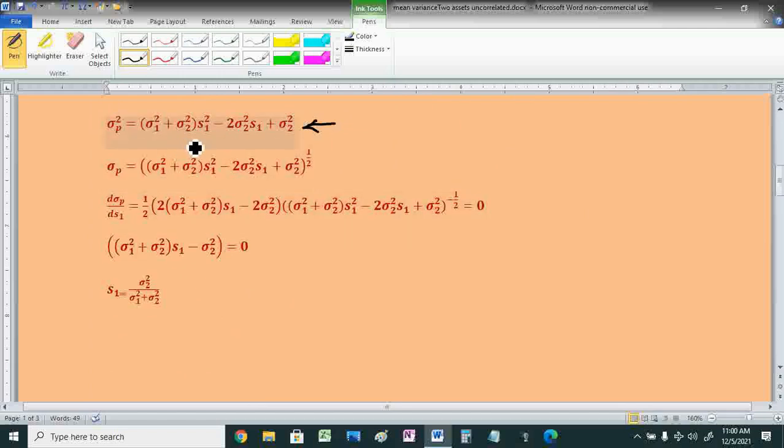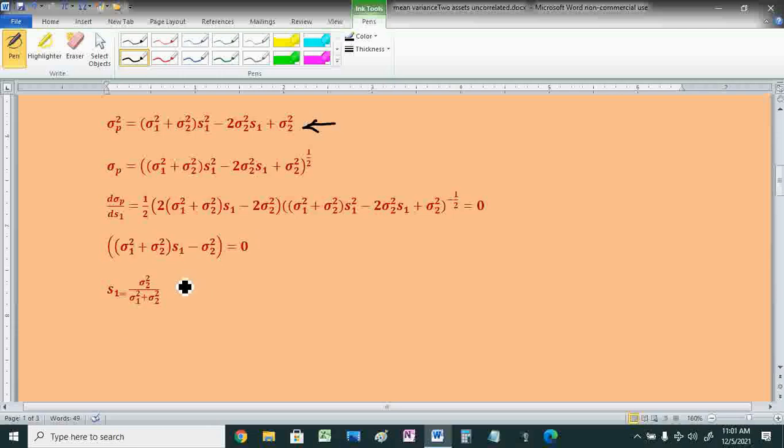And then see that the square root on both sides gives me the standard deviation of such a portfolio, and when I take the derivative of the standard deviation with respect to S1, I am finally able to get the value of S1, which is equal to sigma 2 square divided by sigma 1 square plus sigma 2 square.